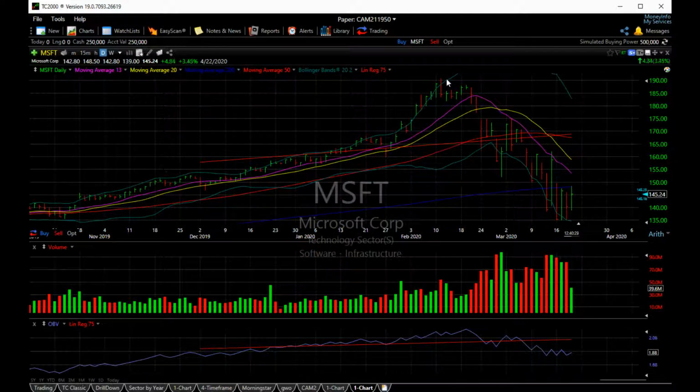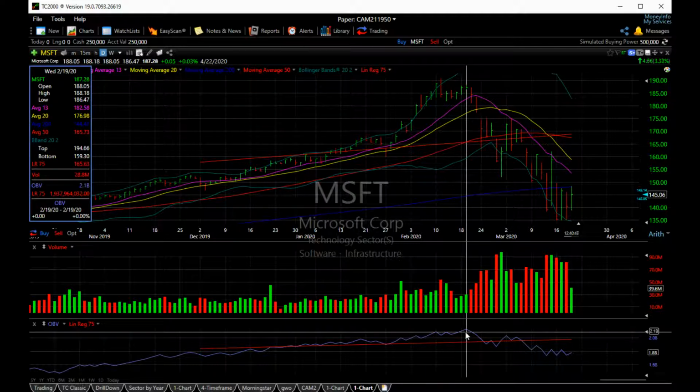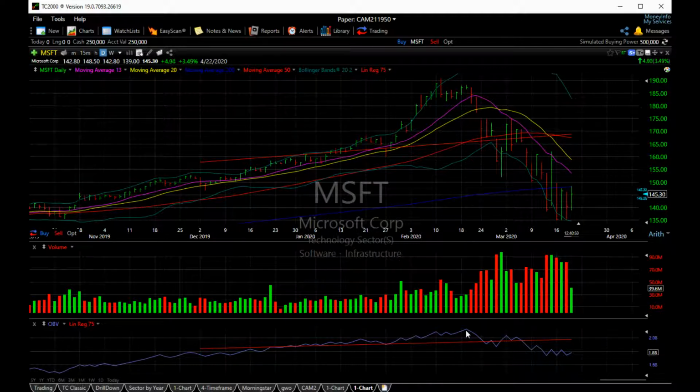However, it's there. And when you couple that with a move back down, and then we have declining volume here as it's trying to regain the high. At the same time, we are also as far away on this chart as we have ever seen the on-balance volume versus the regression line.